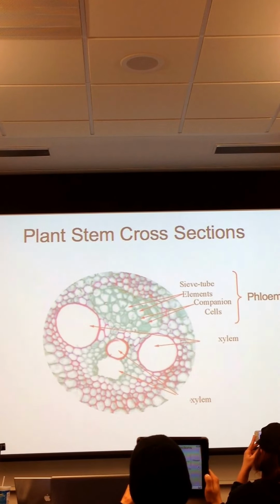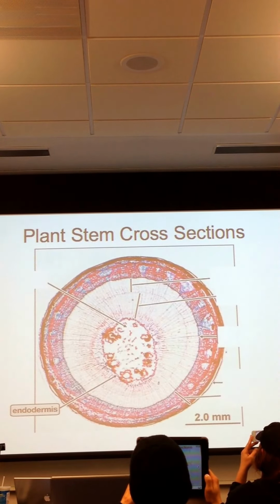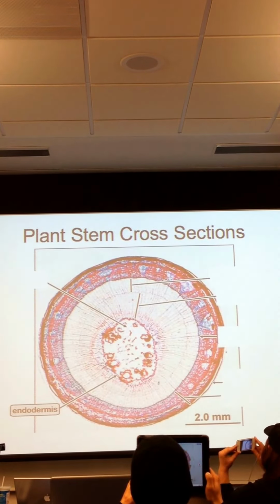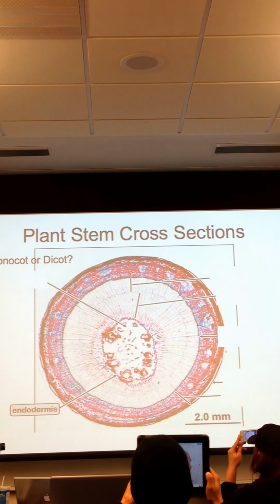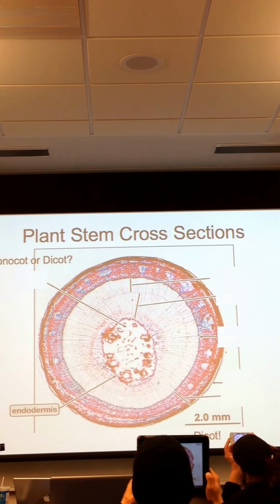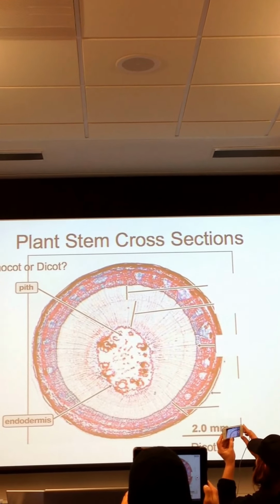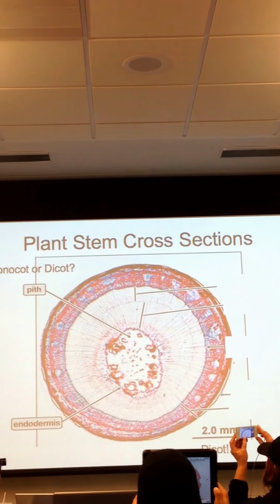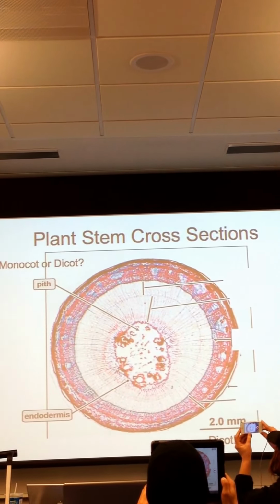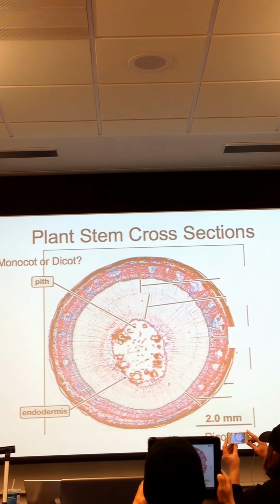Yes? All right. So, is this a monocot or a dicot? Dicot. Good. How did you know it was a dicot? Rings, right? Good. So, the center part you didn't need to know. This is the pith. But this tissue right in here, can anybody tell me what this tissue is?